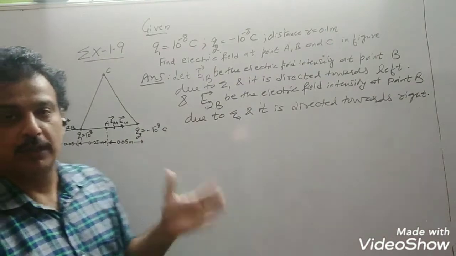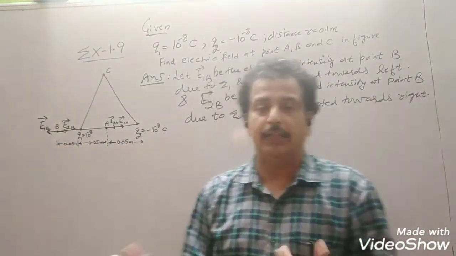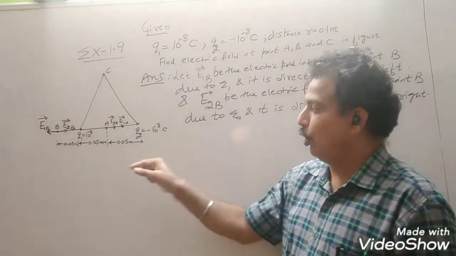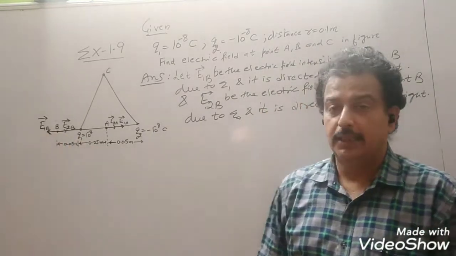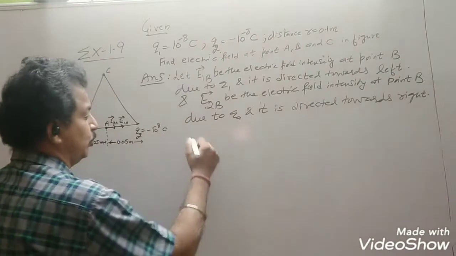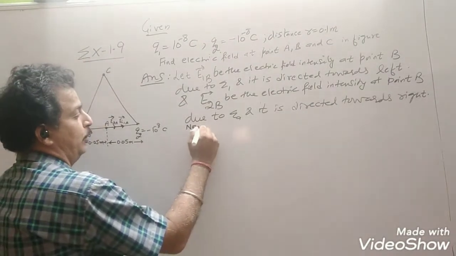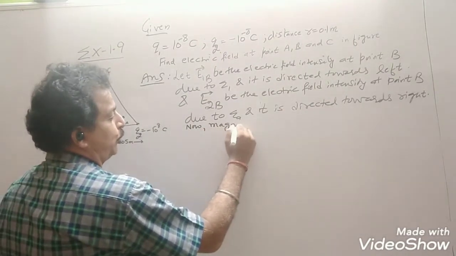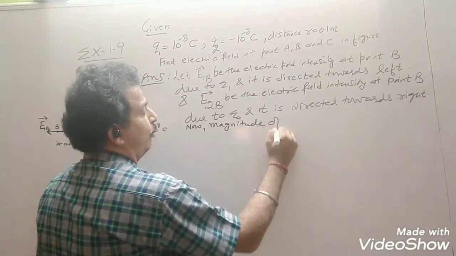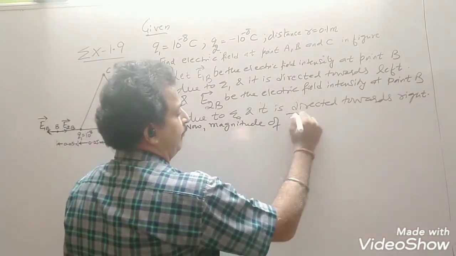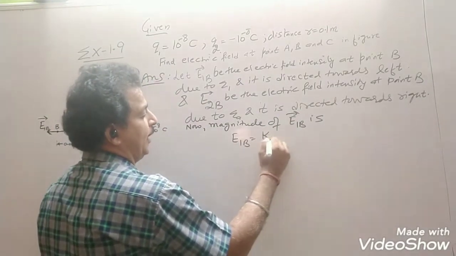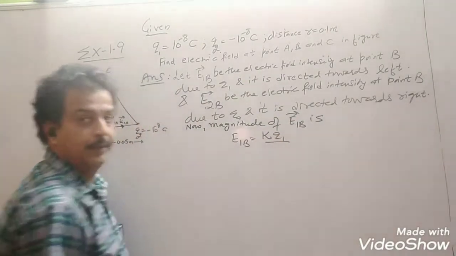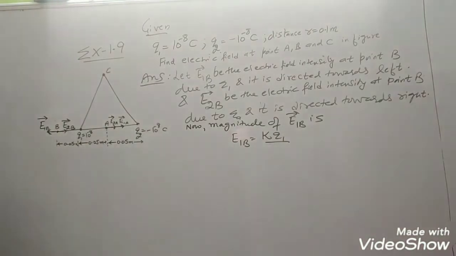So we will find out the magnitude and then we will subtract it, and it should also be clear that E1B will be more than E2B. Now let us find out the magnitude of E1B vector. E1B is equal to K Q1 upon the distance squared.